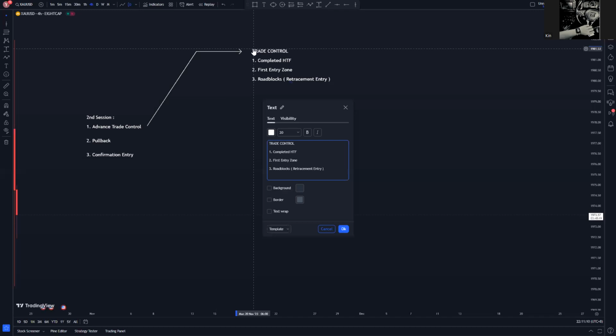And then number 4, we're going to learn about re-entry, which is the continuous entry. All right. So number 1, number 2, number 3, number 4.